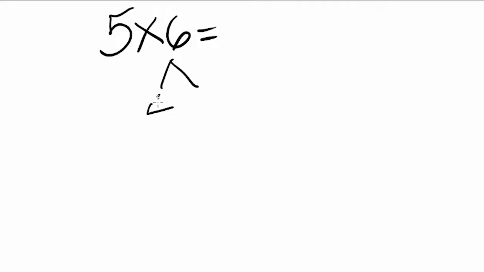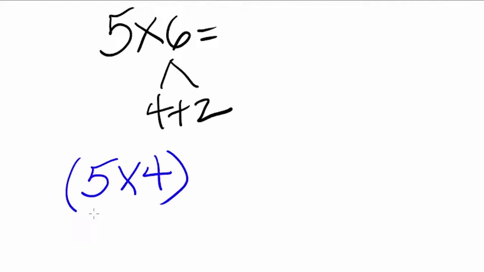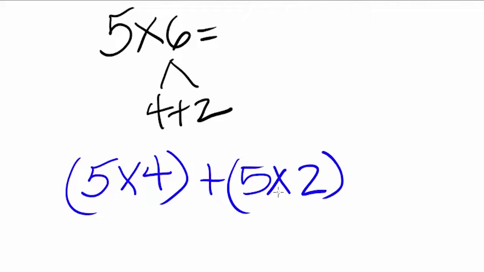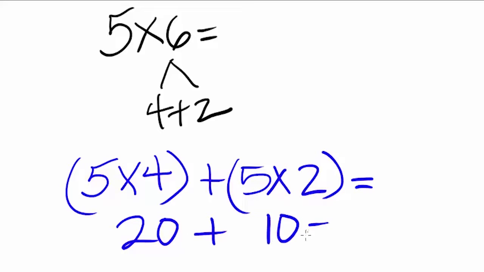For example, if I multiply 5 times 6, I could decompose my 6 into 4 plus 2, and then I distribute my 5 and make it 5 times 4 plus 5 times 2, which equals 20 plus 10, or 30.